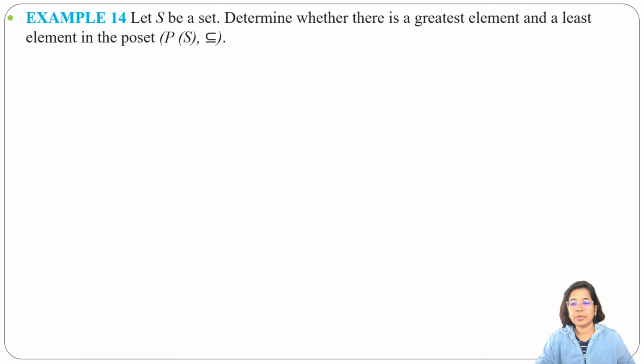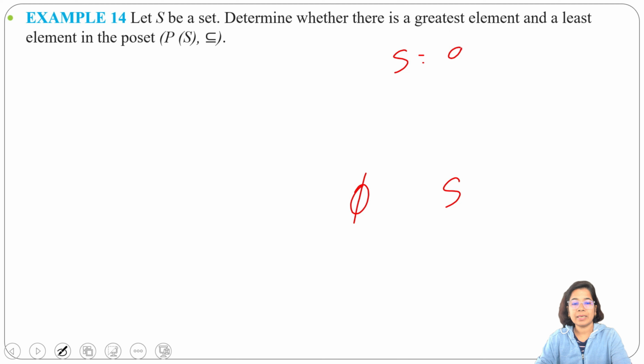Next example 14, let S be a set. Determine whether there is a greatest element and a least element in the poset P(S) with the subset relation. So it is saying in the power set, the relation is subset, there can be a greatest element or least element present or not. So the least element will be phi, as phi is a subset of every other set, and the greatest element will be the set itself.